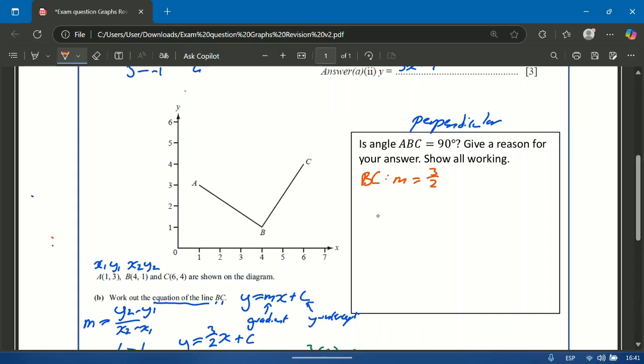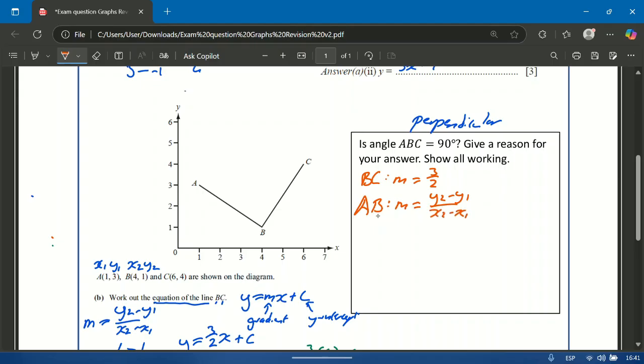Now that's important, because with perpendicular lines you need to invert the gradient and make it minus. So let's work out the gradient for AB. Again, we're going to use this formula, y2 minus y1 over x2 minus x1.